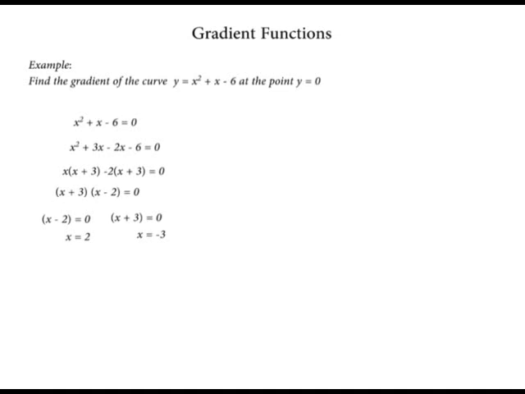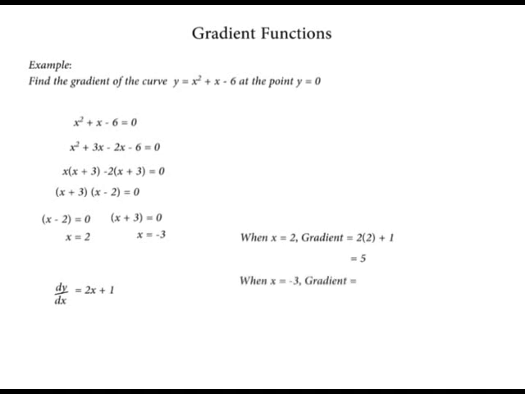Gradient function dy over dx is equal to 2x plus 1. By now you know how to do it. Substitute the first value of x, 2. 2 times 2 plus 1 is equal to 5. And so the gradient of the curve y is equal to x squared plus x minus 6 when x is 2 is 5.